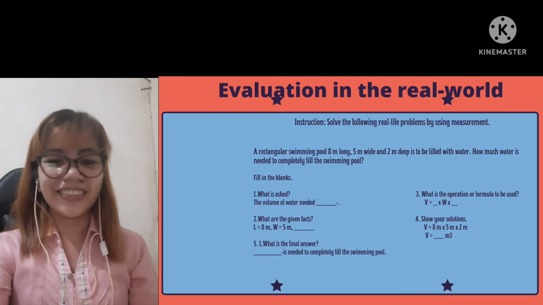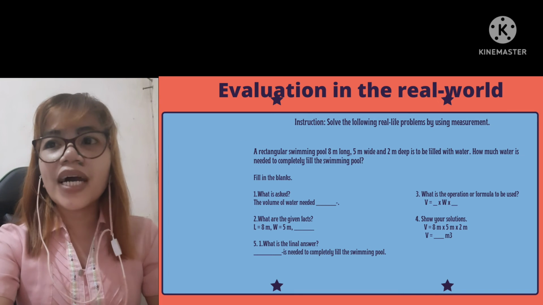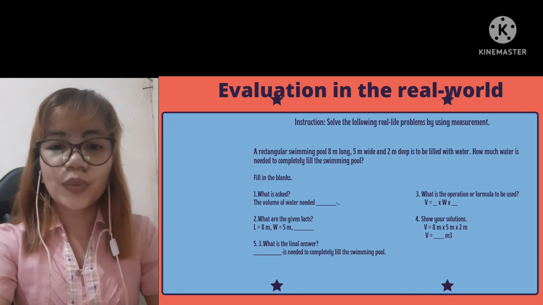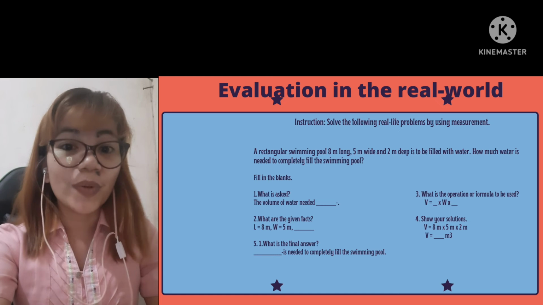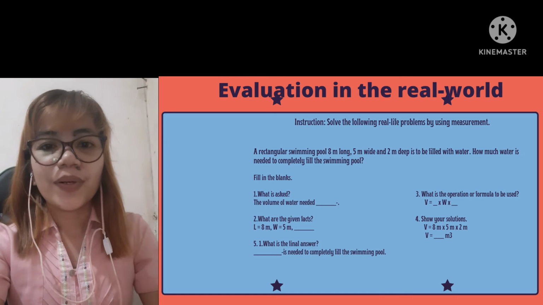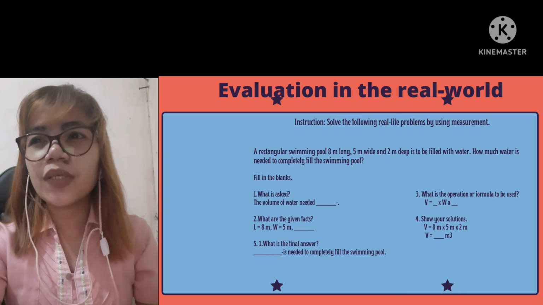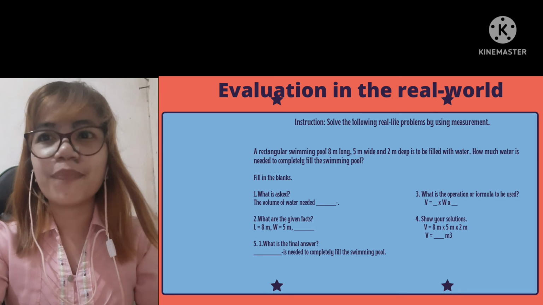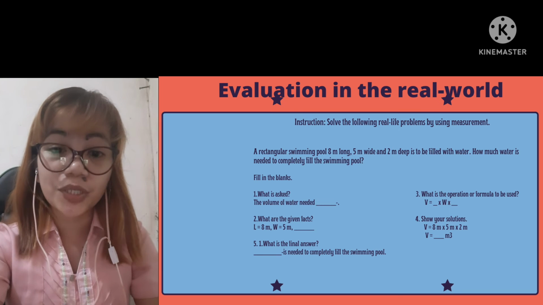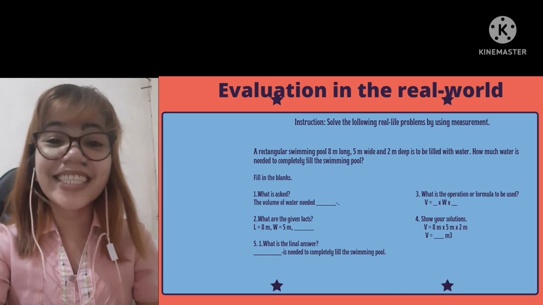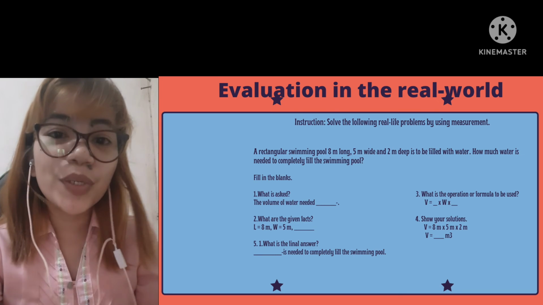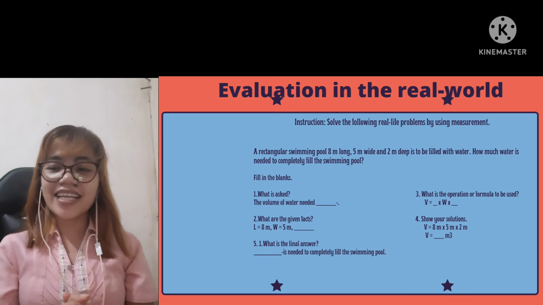Let's go! So, let's evaluate this one in the real world. As you can see on your screen, you need to solve the following real-life problems by using measurement. Okay, let's see if you have the correct answer.